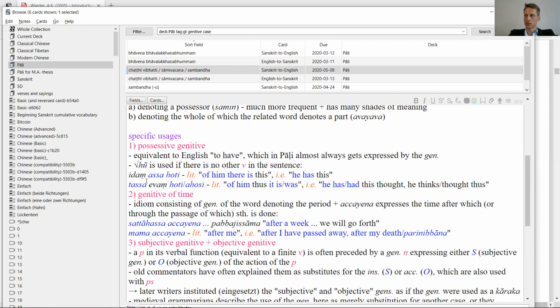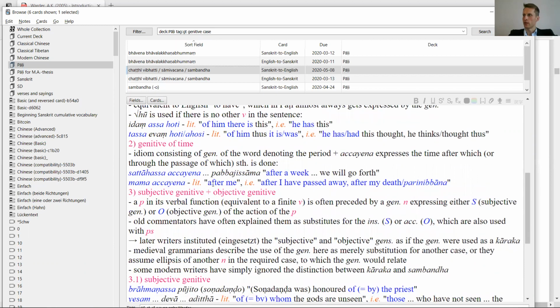Of him there was a son, for example. Even tassa evaṃ hoti or ahosi, of him thus it is or was, he has or had this thought, he thinks or thought thus. Even the mental conception would be expressed with such a genitive construction.